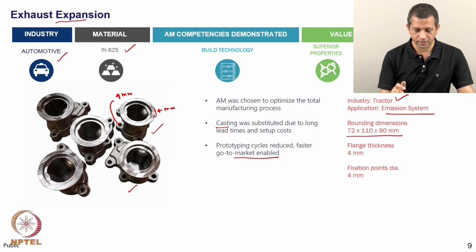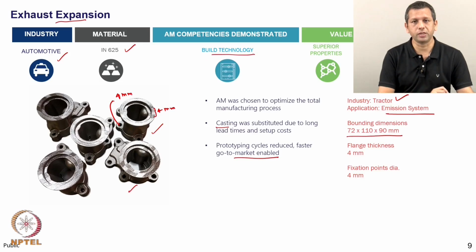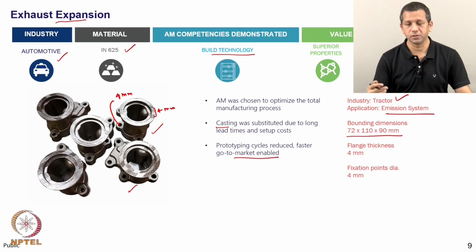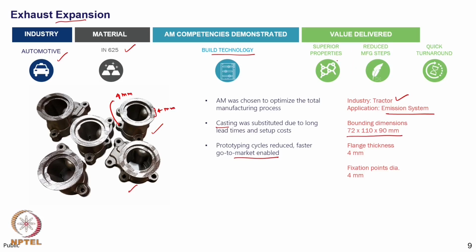This is a demonstration of how technology can be built for a new product by making quick prototypes using additive manufacturing, and various values were added in the final components. For example, since a new material could be tried, we have superior properties. Also, these superior properties can be achieved by optimizing the process.